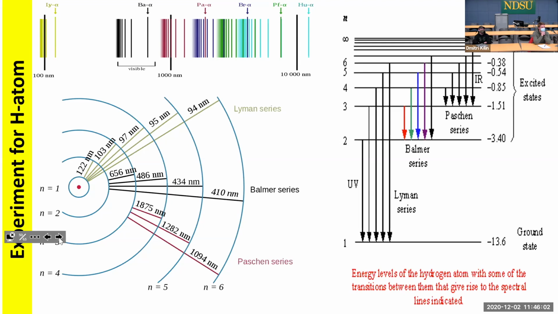But the experimental experts who observed and described these lines gave them names: Lyman, Balmer, Paschen. The first one here is UV, the next one, Balmer, is visible, and the next one, Paschen, is infrared.